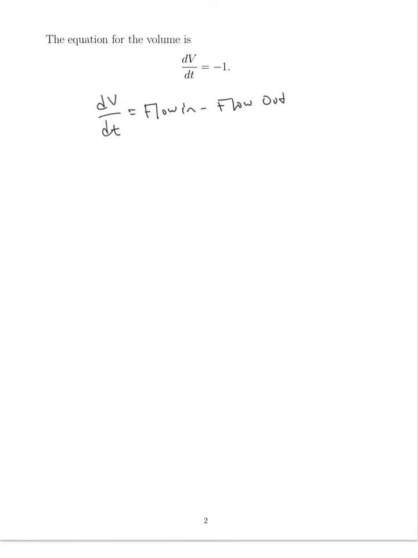Okay, and you can see that the equation for the volume is dv/dt equal to minus 1. Why is this? Because if you think of this as flow in minus flow out, we know that what was flowing in was 2 liters per minute, and what was flowing out was 3 liters per minute. So if I drop the units, I end up with just minus 1, right? And so we can actually solve this.